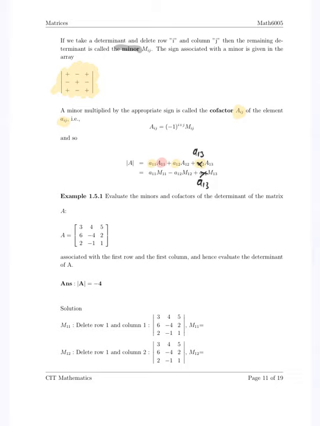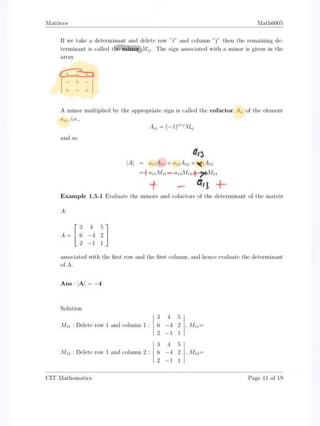The cofactor is the minor times the appropriate sign. So that's why we got plus, minus, plus. That is from this little diagram here. So that's why this one is plus, this one is minus, and this one is plus.